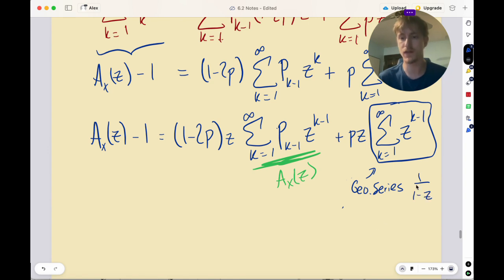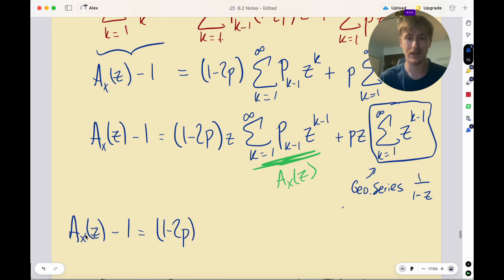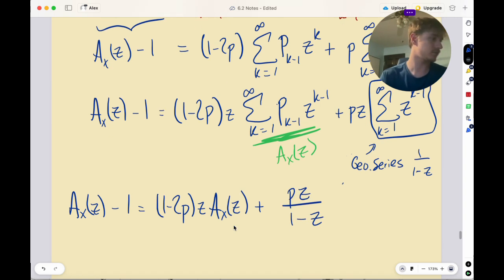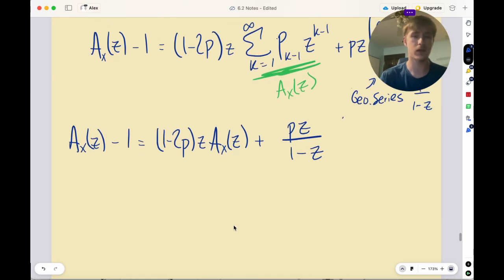We talked about that in the previous video, so let's put everything together now. We get that the generating function minus 1 is equal to 1 minus 2p times z times the generating function, plus pz times 1 over 1 minus z. So that's going to be pz over 1 minus z.